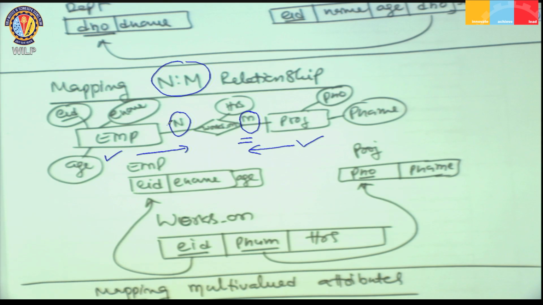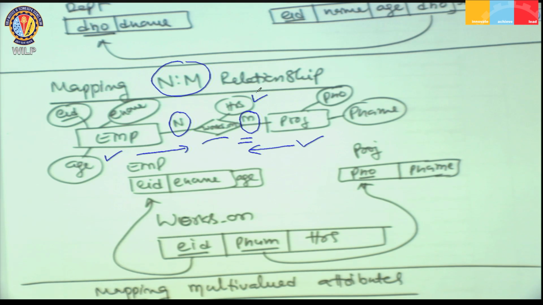Okay, there is no problem, and the relationship is going to be works on, which forms an association between the employee entity type and the project entity type. This works on relationship also has one specific attribute attached to it, that is number of hours. It indicates which employee has worked on which project for how many hours.